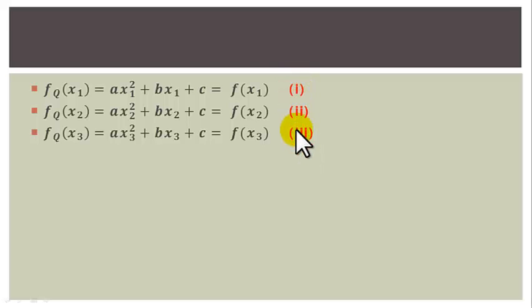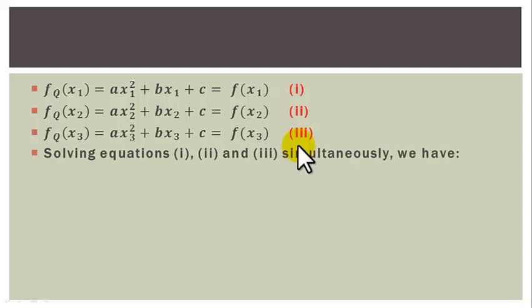We are now ready to solve these three equations simultaneously. The simple way to do this is to use Cramer's rule. So solving the equations 1, 2, and 3 simultaneously, we will obtain a equal to delta 1 all over delta, b equal to delta 2 all over delta, and c equal to delta 3 all over delta.